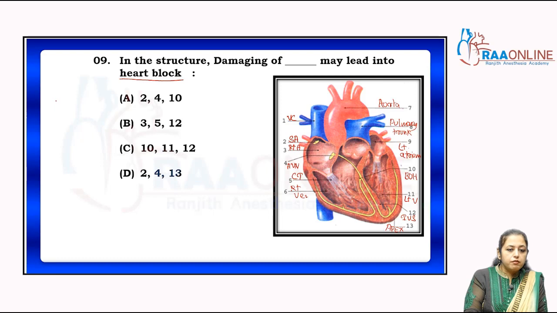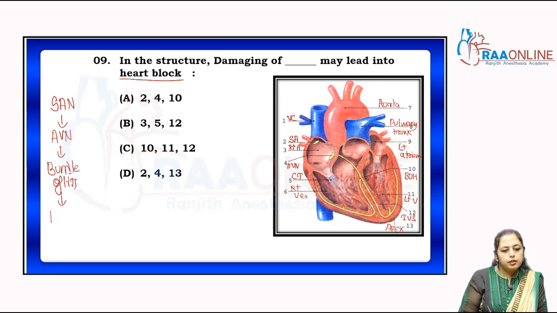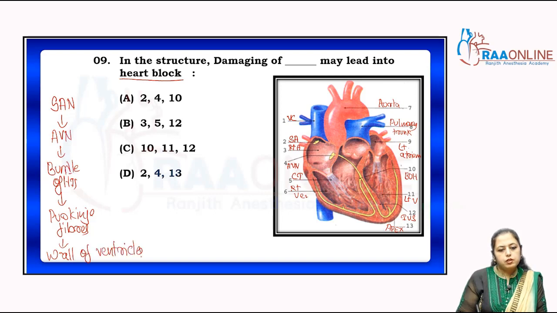So the impulse goes toward the SA node, then AV node, then bundle of His, then Purkinje fibers, then the wall of the ventricles, right?